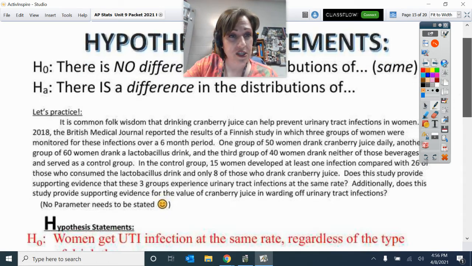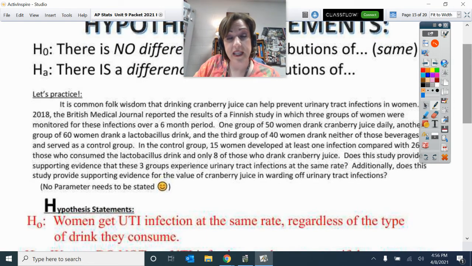It is common folk wisdom that drinking cranberry juice can prevent or help prevent urinary tract infections in women. A 2018 British Medical Journal reported the results of a Finnish study where 3 groups of women were monitored for these infections over a 6-month period.